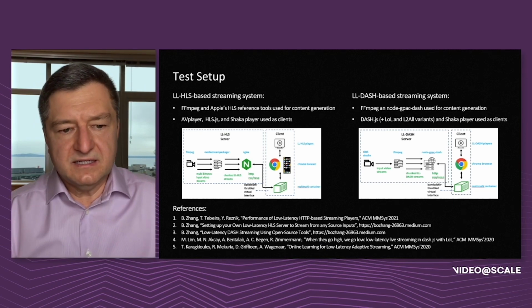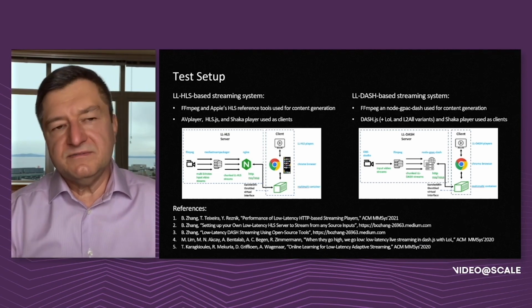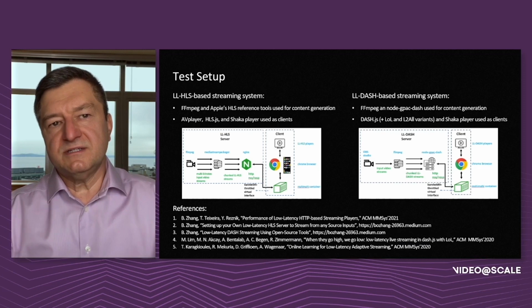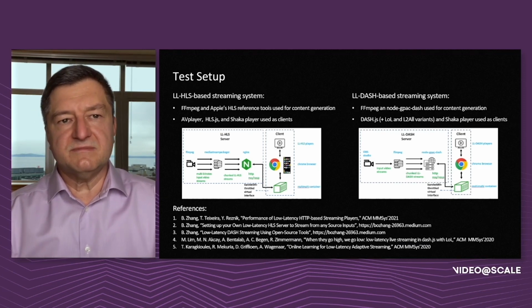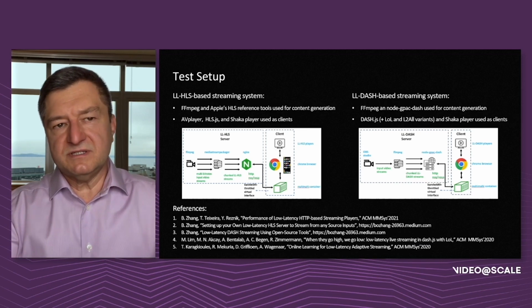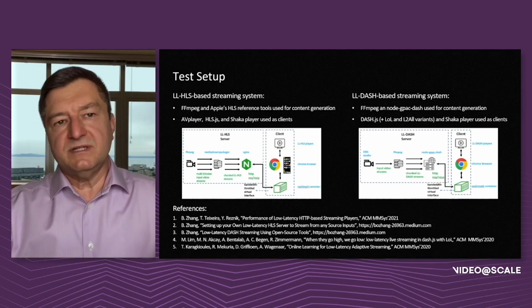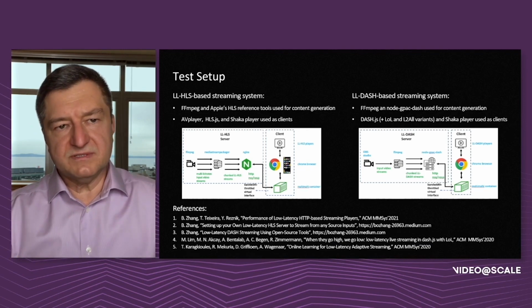In the design of the systems, we really tried to ensure that for both low latency HLS and low latency DASH, we build systems as consistent and as identical as possible as far as content preparation and network simulation is concerned, to make sure that we're comparing apples to apples.